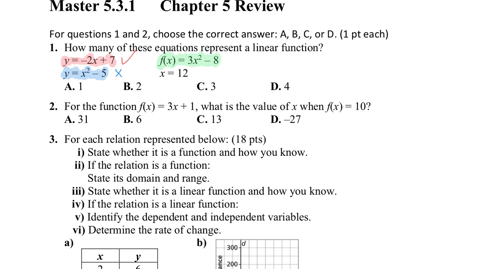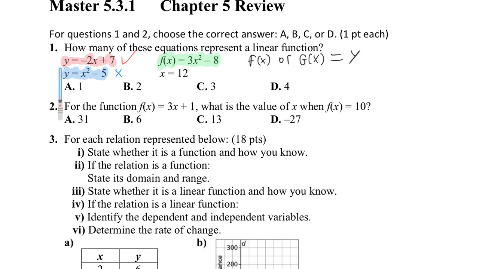Now this one here has the symbol f of x. Remember, don't let this throw you off. Whenever you have something like f of x, or you might see g of x, these are really just another way of saying y in the equation.